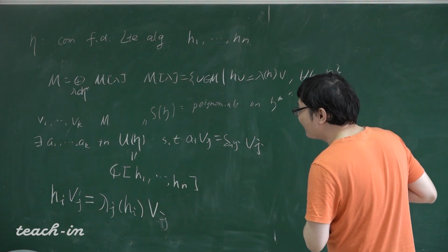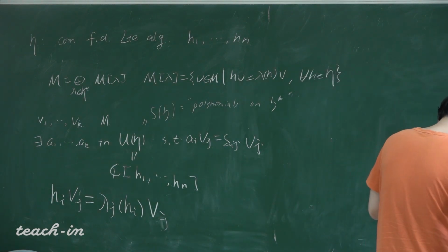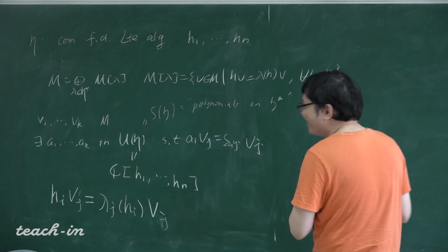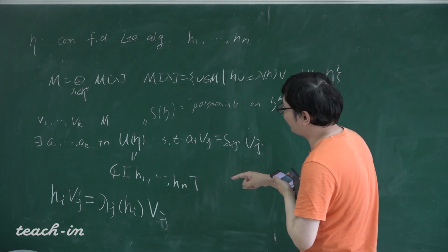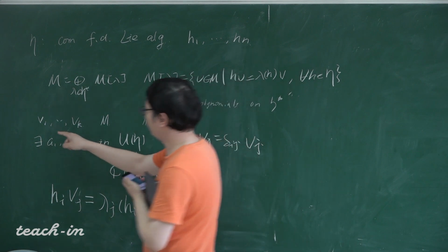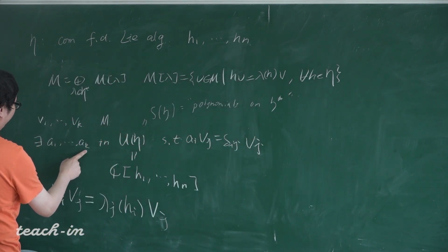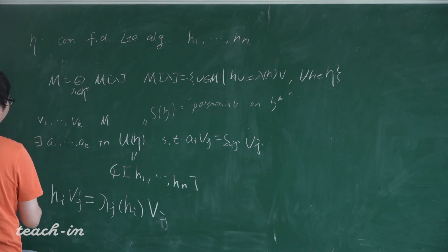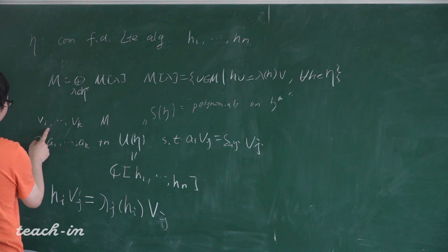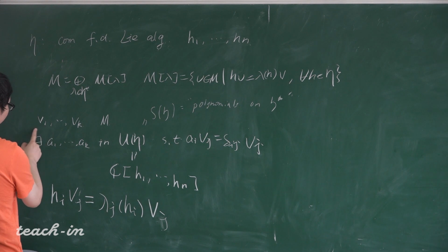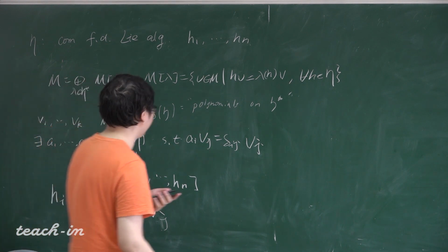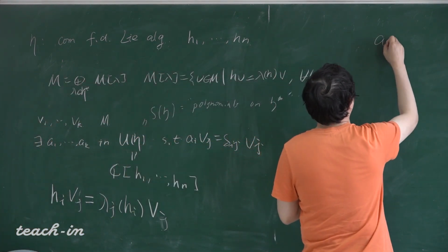A lot of technology is used in this seminar. For example, we should find K polynomials, and now we just consider one. We consider the V1 case. We should find such an A1.